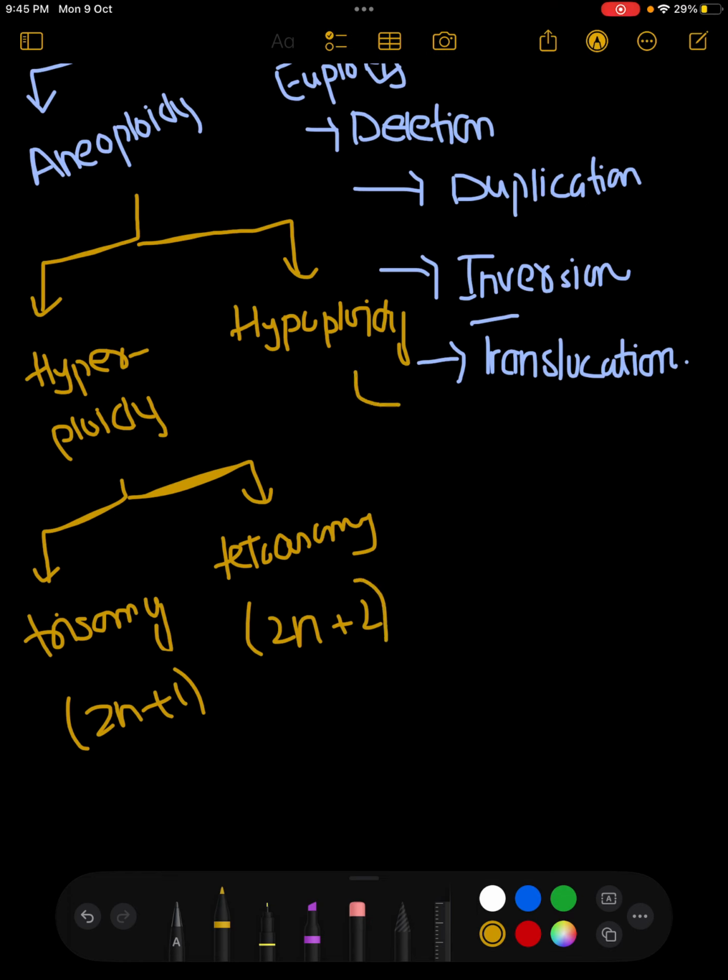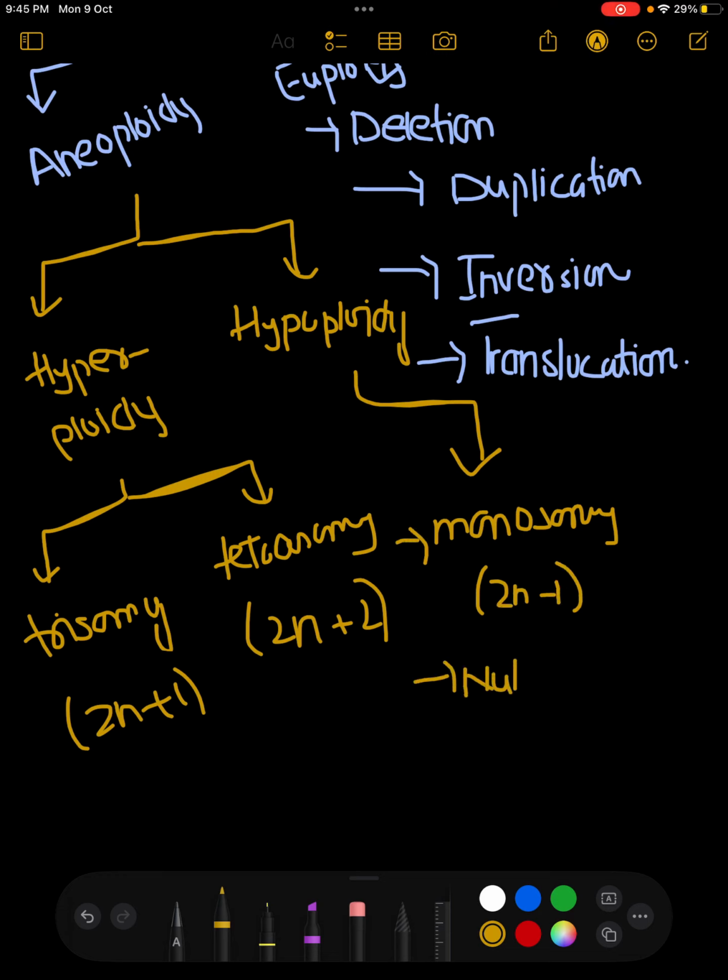The hypoploidy is further divided into monosomy, meaning 2n minus 1, and nullisomy, 2n minus 2.